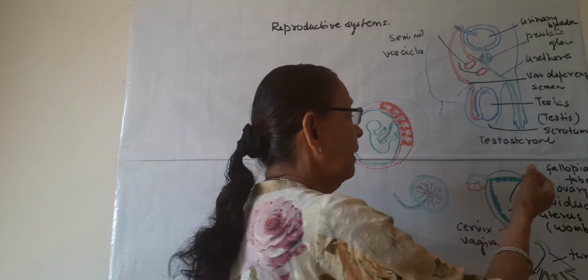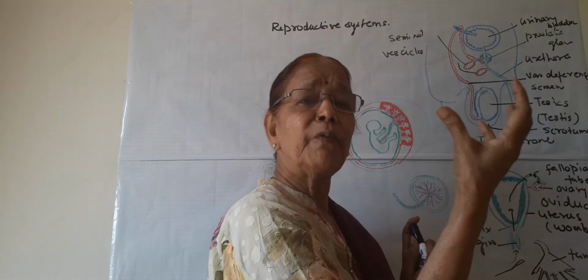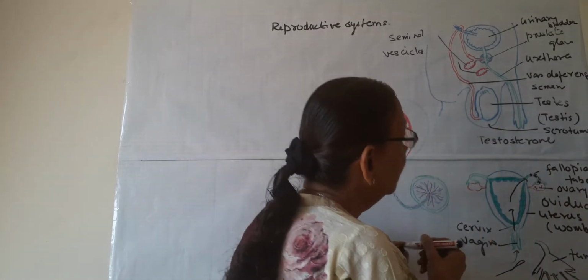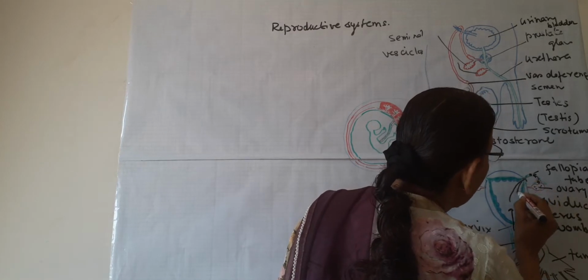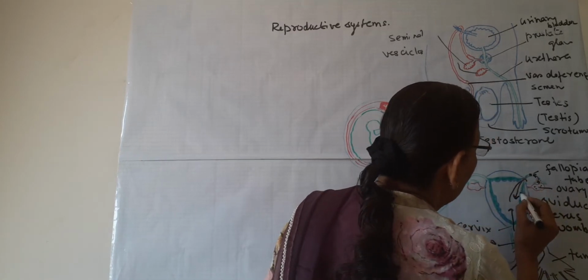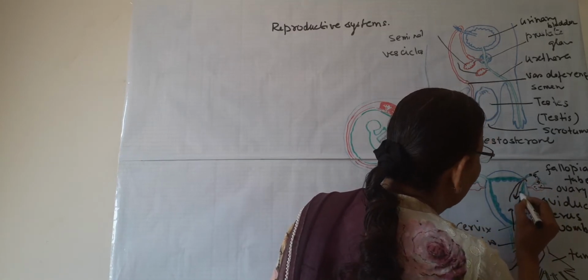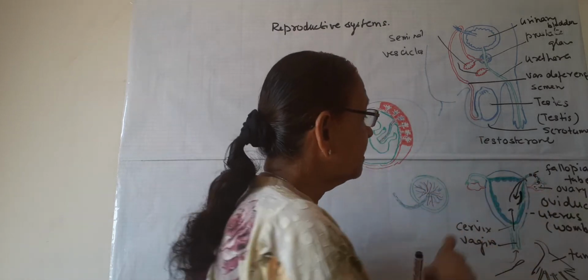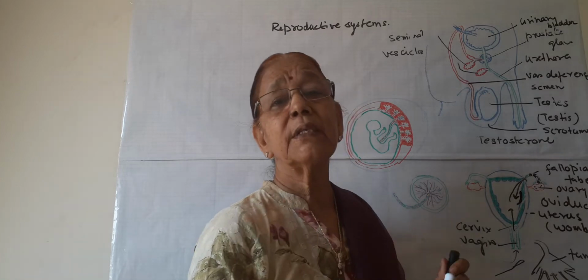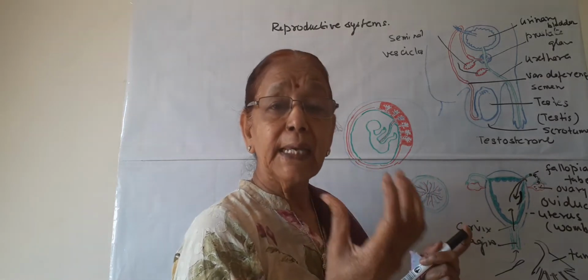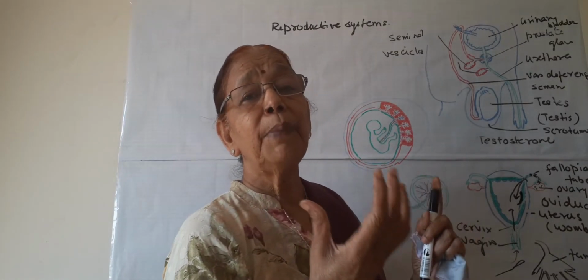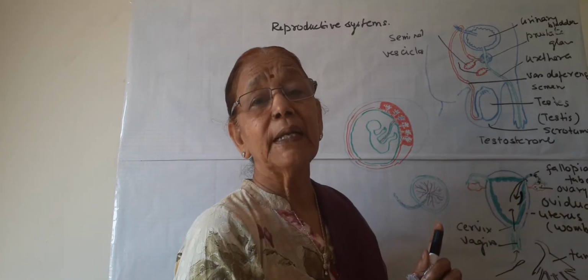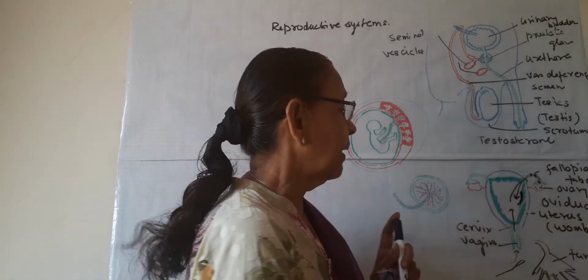This zygote, which is formed in the fallopian tube, starts multiplying, and when it is a few-celled structure known as a blastocyst, it travels back to the womb and implants itself in the wall of the uterus. At this time, the wall of the uterus is spongy, thick, having many blood vessels for the nourishment of this fertilized egg or zygote.